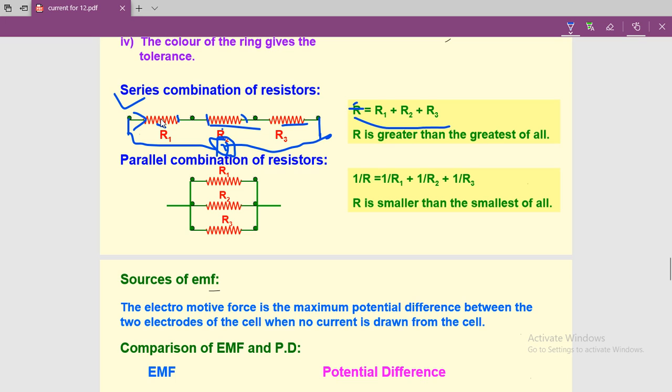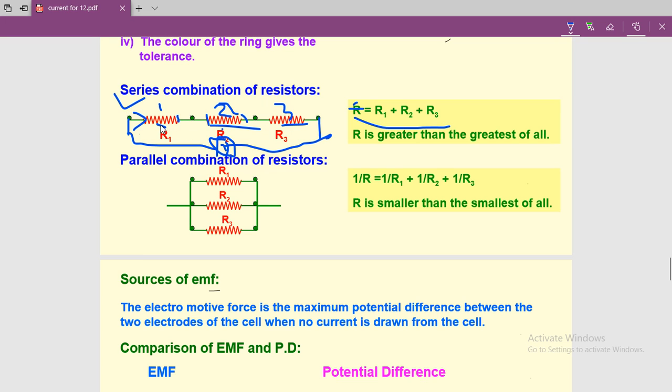Let me tell you with one example. Suppose this resistor is 1 ohm, this one is 2 ohm and this one is 3 ohm. You can replace these resistors in this circuit by a resistance of 1 plus 2 plus 3, that is 6 ohm.